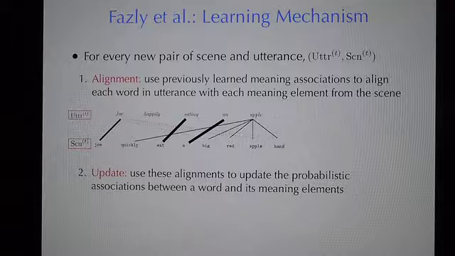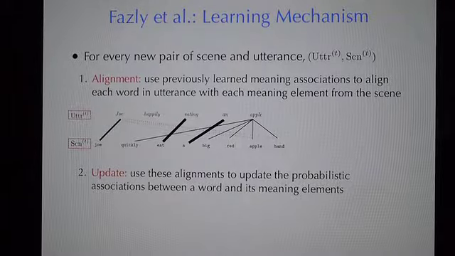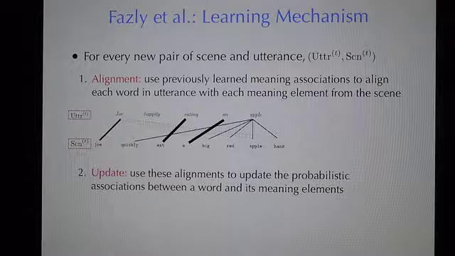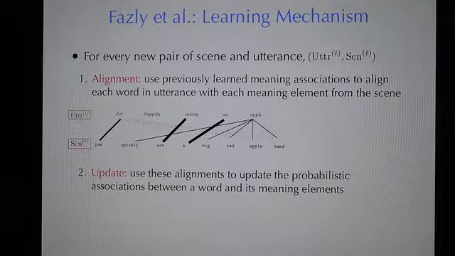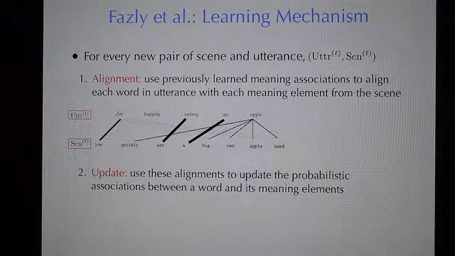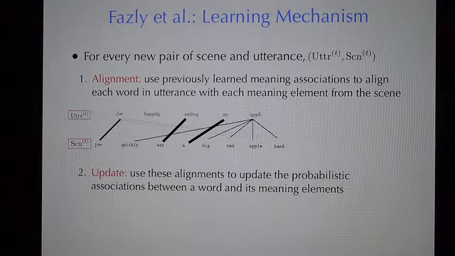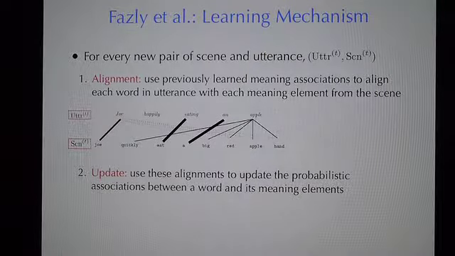If up until this point the model has learned that, for example, the word apple and the meaning element apple or red are strongly associated with each other, then it hypothesizes that the reason they co-occurred in this particular input item is because they are actually related.